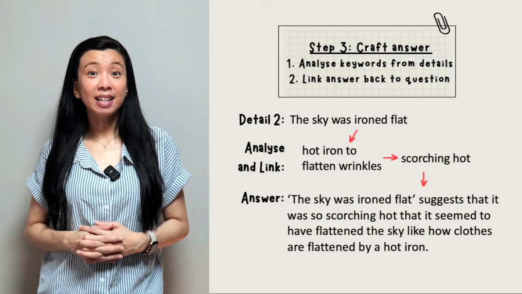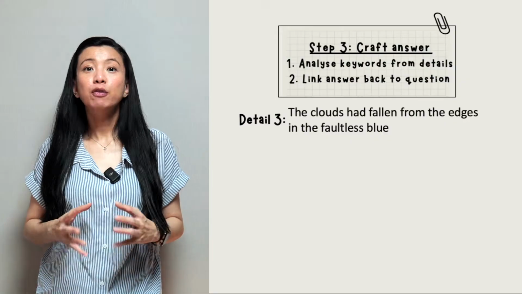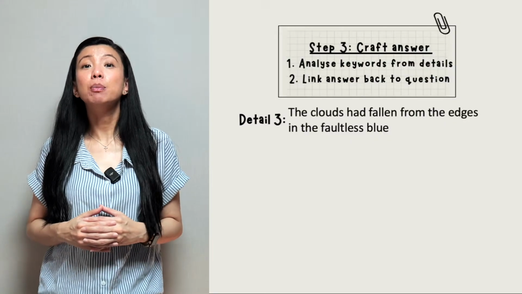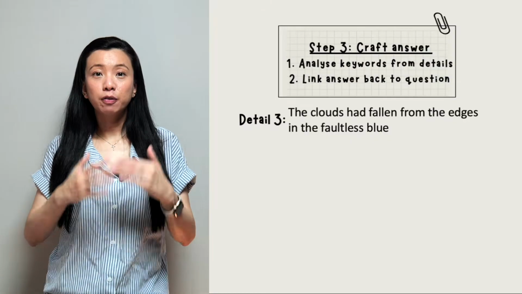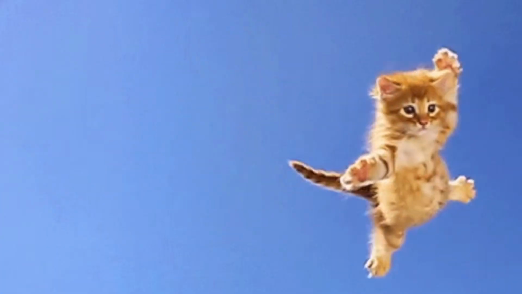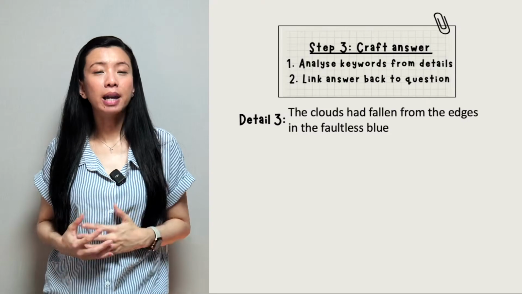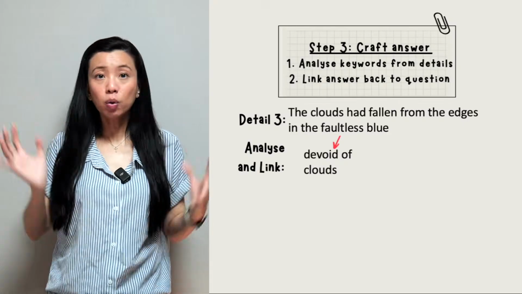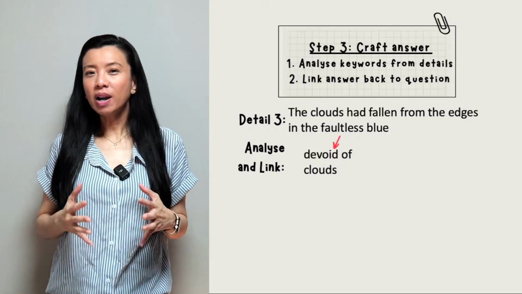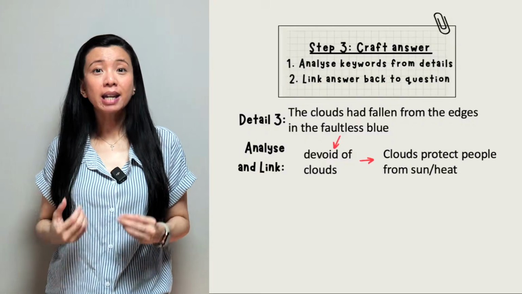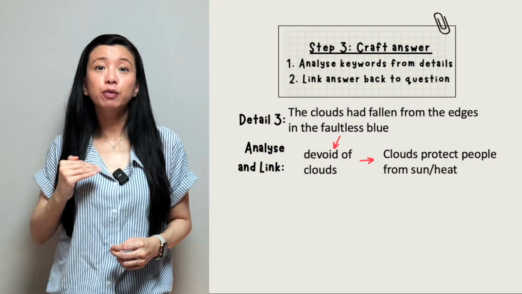So the third detail is the clouds had fallen from the edges in the faultless blue. So imagine this, the faultless blue means the blue had no fault, it was a perfect blue. That means the sky was most likely devoid of clouds. There were no clouds in the sky at all. Now, one thing that clouds do is to protect people from the heat that's coming down from the sun.